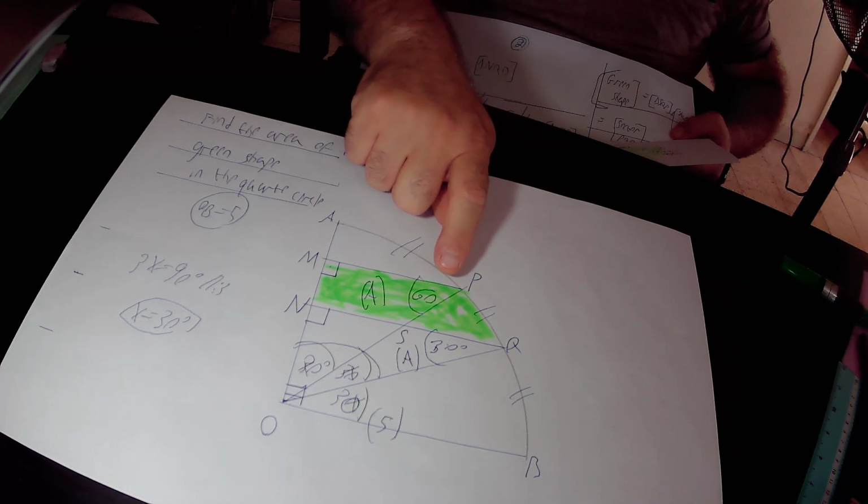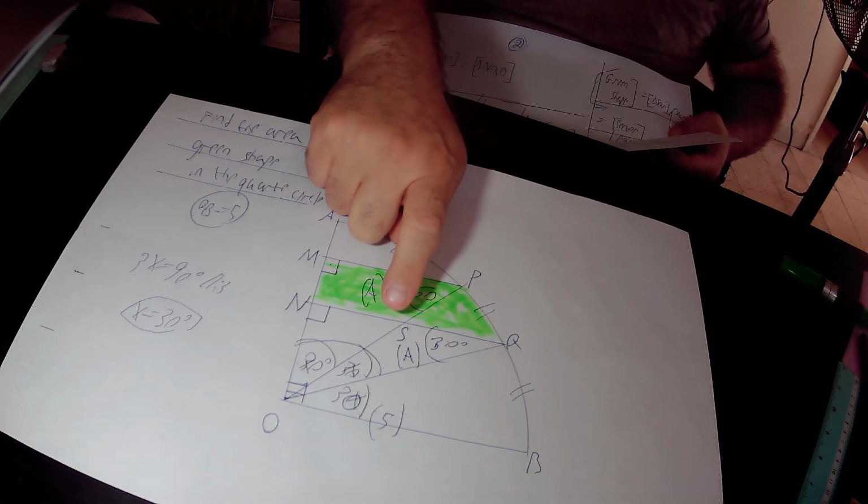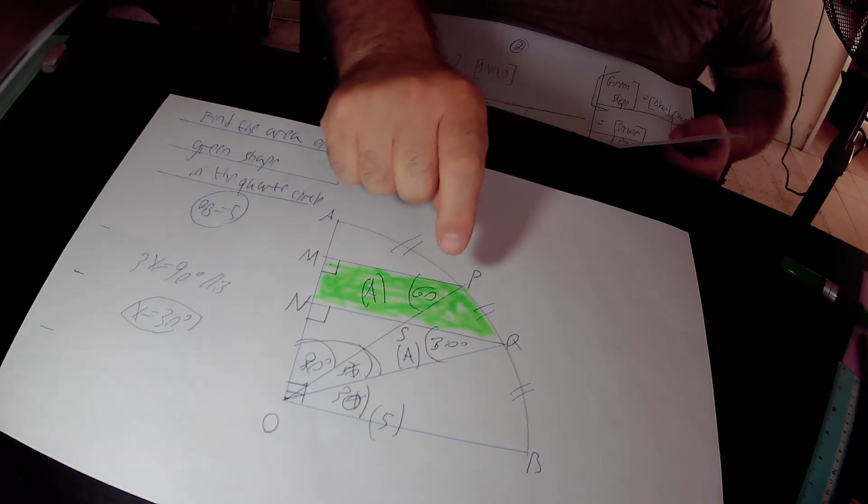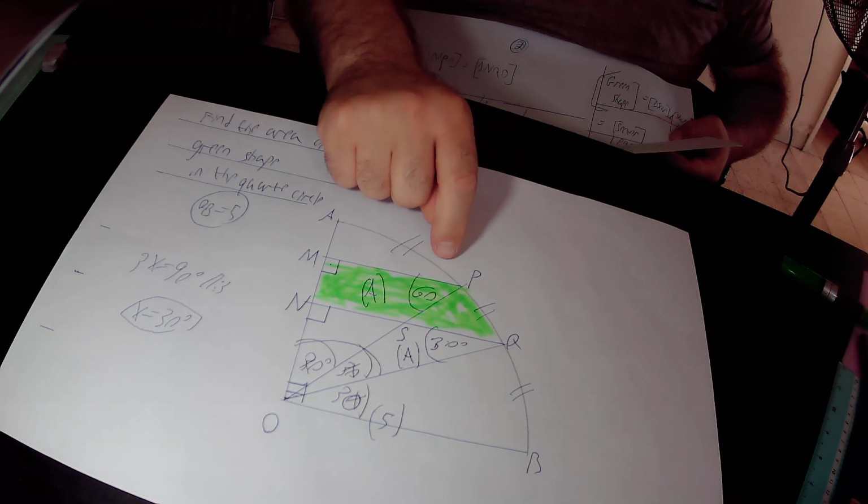But what is the area of shape PQS plus the area of triangle SQO? The sum of those two areas equals exactly the area of sector PQO.